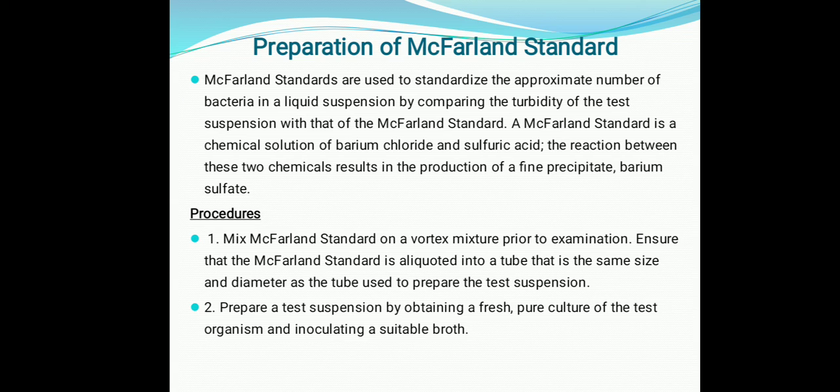If the test suspension is too light, inoculate with additional organisms or incubate the tube until turbidity matches that of the standard. If dilution is necessary, we will use a sterile pipette and add sufficient broth or saline to obtain a turbidity that matches that of the standard.